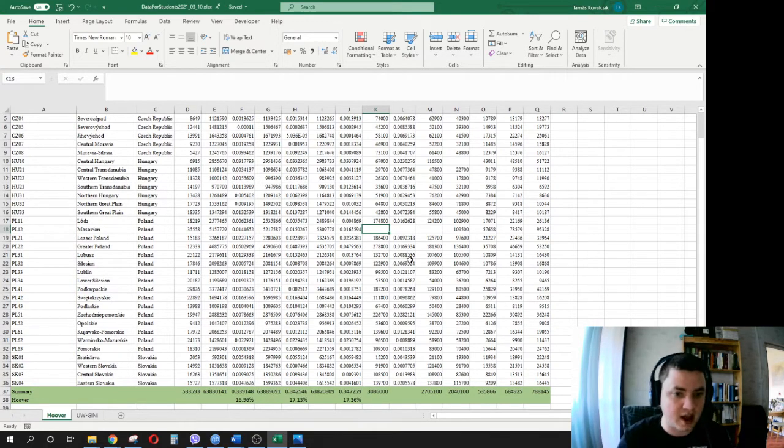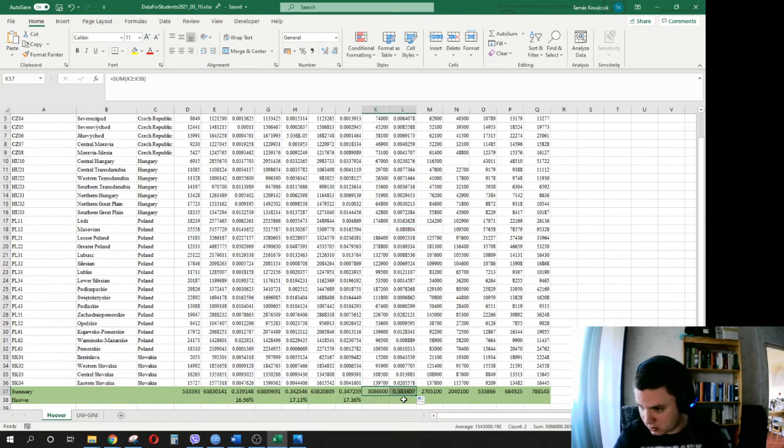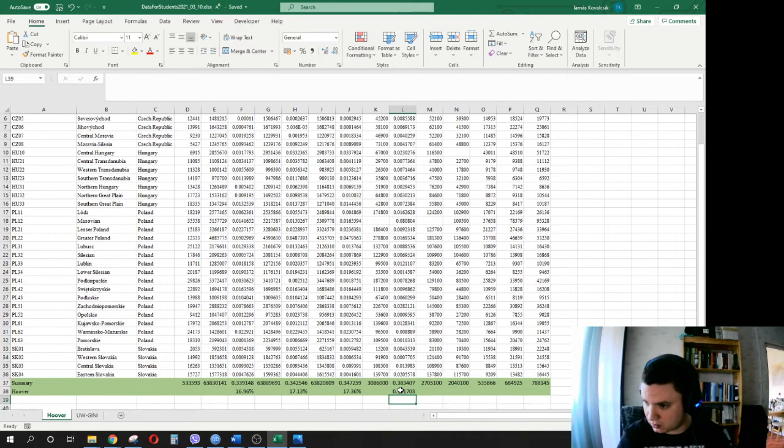We don't know how many, so we have to leave out the calculated values as well, and delete all of the calculated values, because if we just make the calculation, we have a totally different number for the Hoover index.